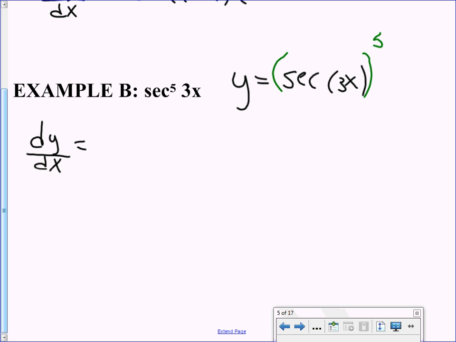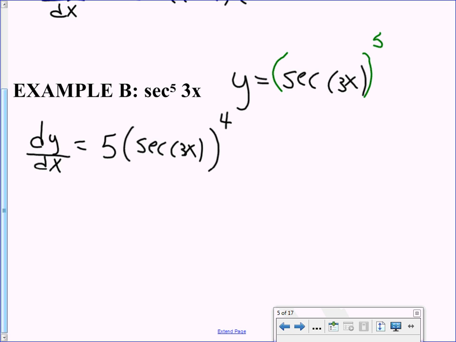So we're going to take the derivative of that first. To differentiate something to the fifth, we're going to use the power rule to bring down the 5. We're going to leave the inside alone, and the new exponent will be 4, 1 less. So the derivative of the outermost function is 5 secant of 3x, and we're going to leave the inside alone, to the 4th.